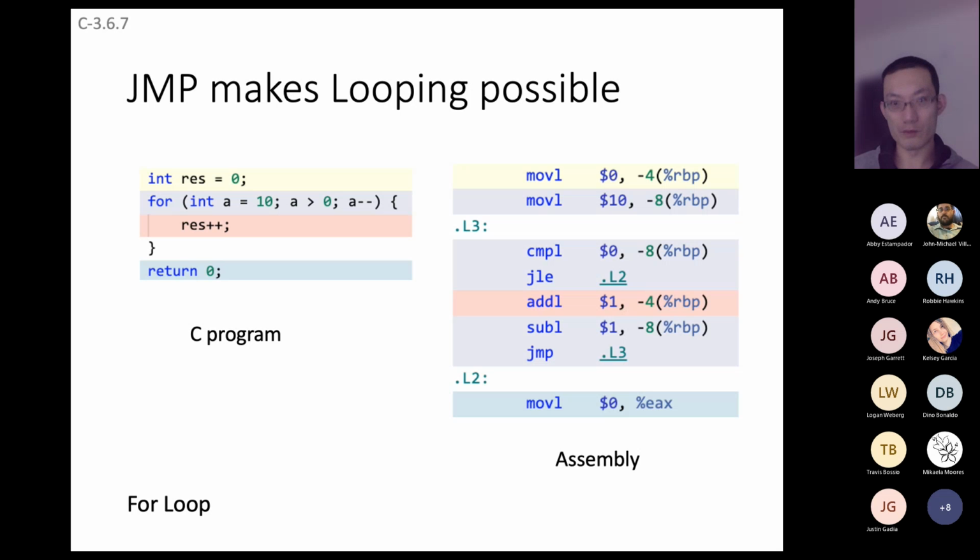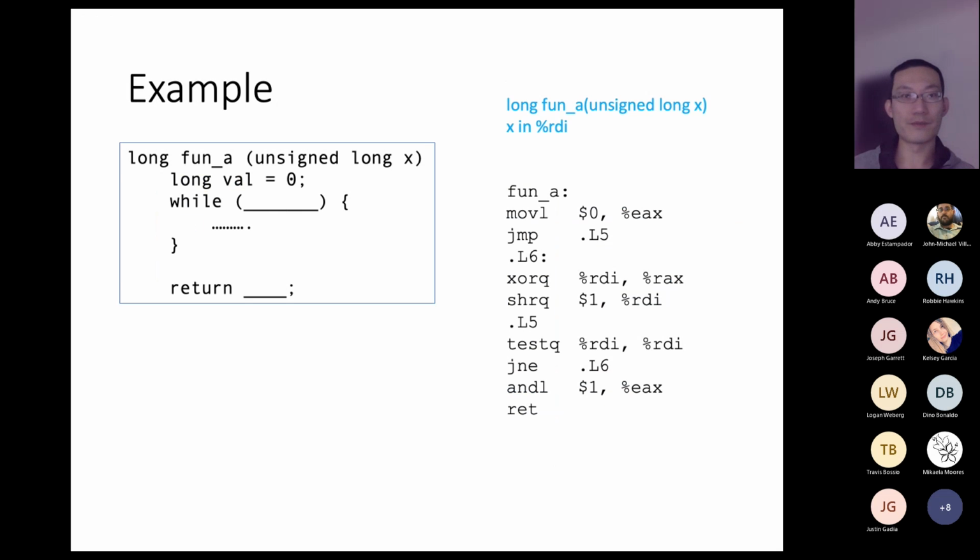We check whether the condition is satisfied at the very beginning. So there are different places to place the conditional check, but it works in a similar way. We either jump back or we jump out of this loop.